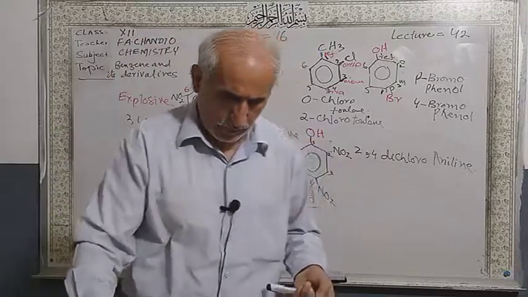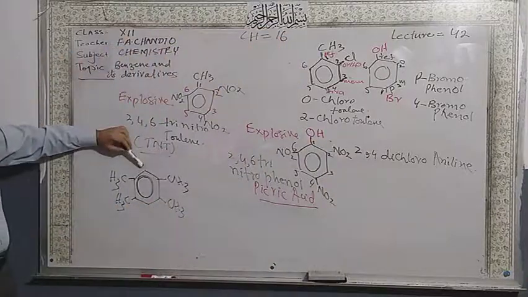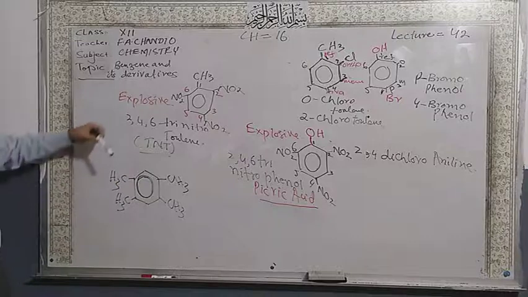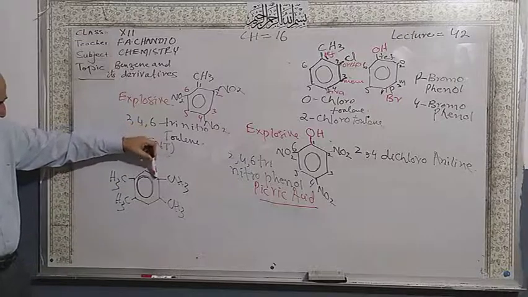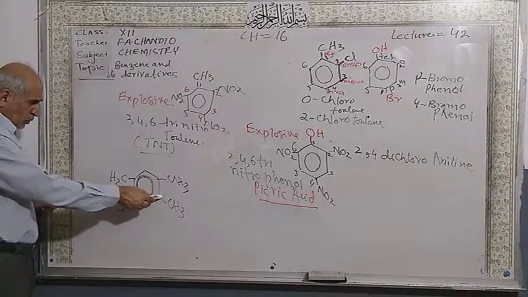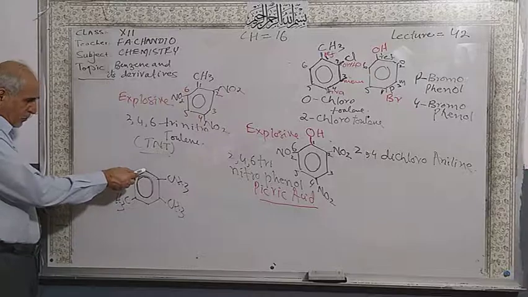So for the IUPAC name, you don't start from here. You must start from this side, nearest. So if I start from this side, from here 1, 2, 3, 4, 5, 6.